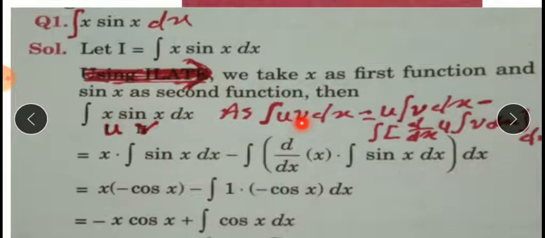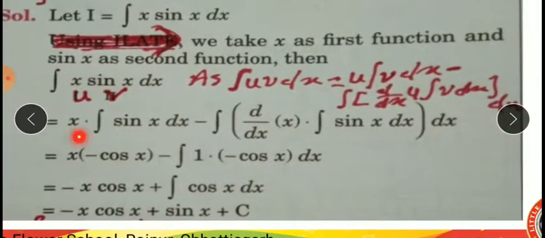We know this formula. Using the formula of integration by parts: first function times integration of second function, minus whole integration of differentiation of first function times integration of second function.